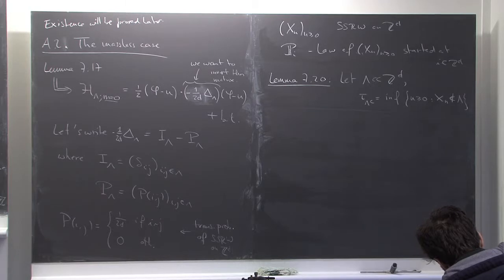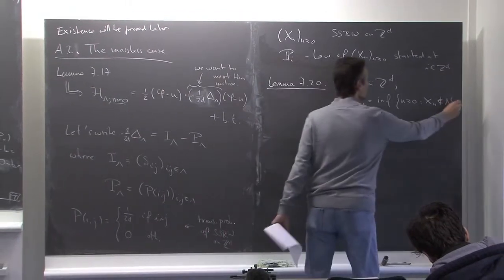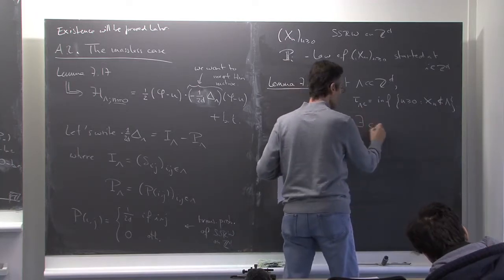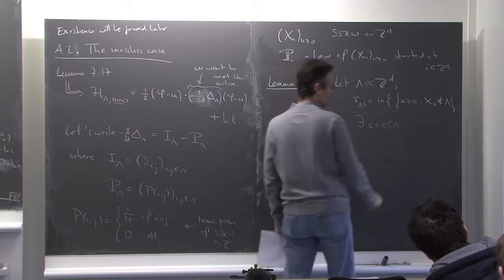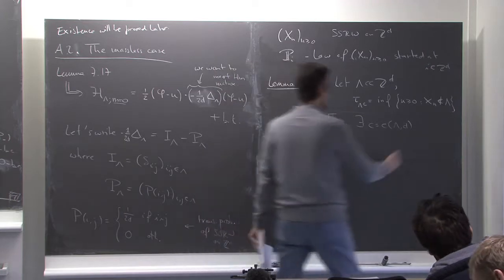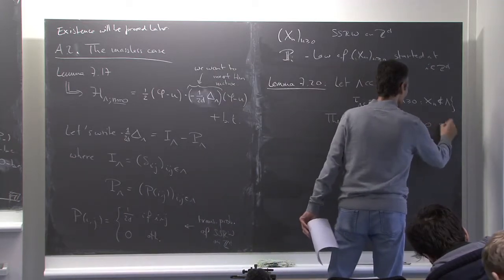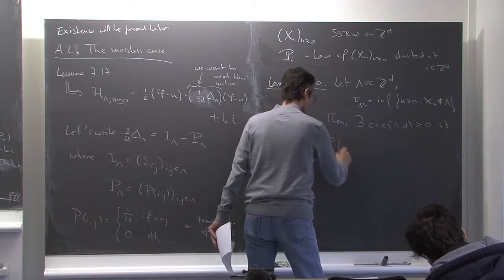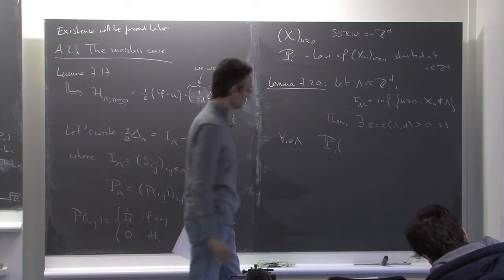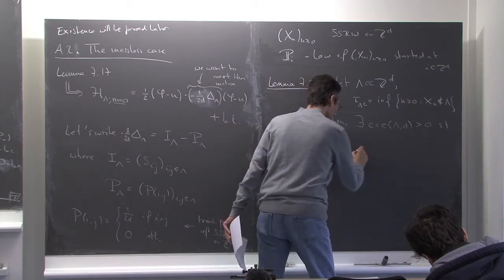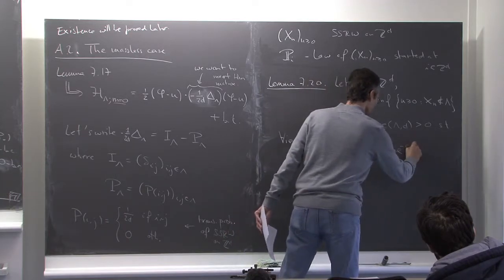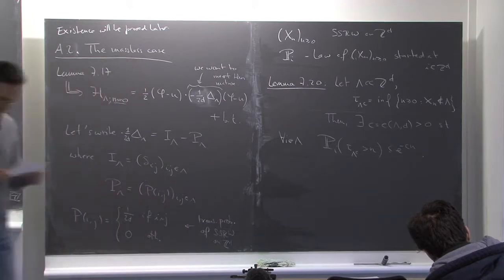Then there exists a constant, which depends only on the box Lambda and on the dimension, which is strictly positive, such that for any i in Lambda, the probability starting from i that the time it takes you to exit Lambda is larger than n is smaller than e^{-cn}.